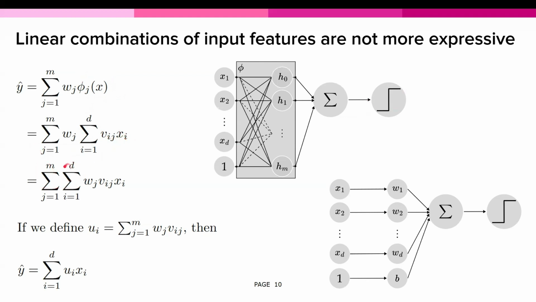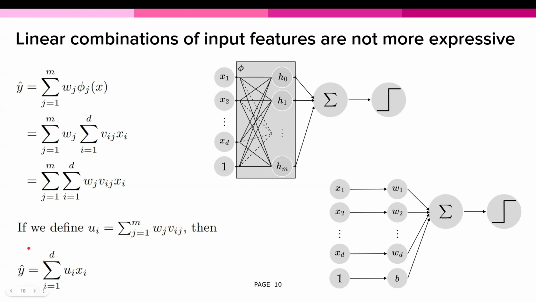Then we can see that wj doesn't depend on what's going on in here, so we can take wj inside of this sum, and now we can define a new scalar ui that is a linear combination of the input weights and the output weights wj.